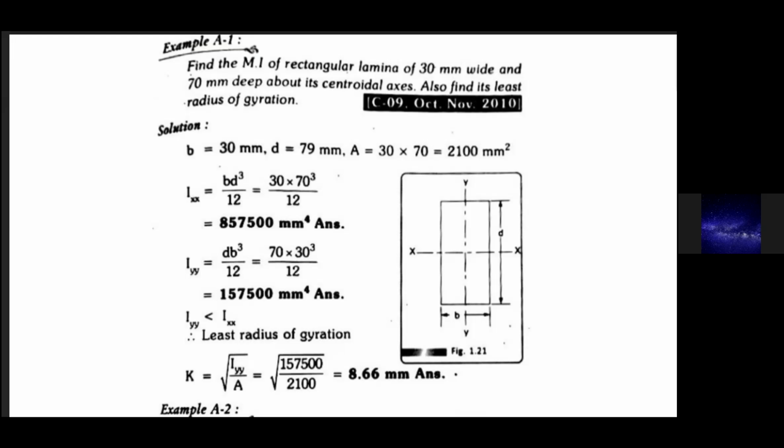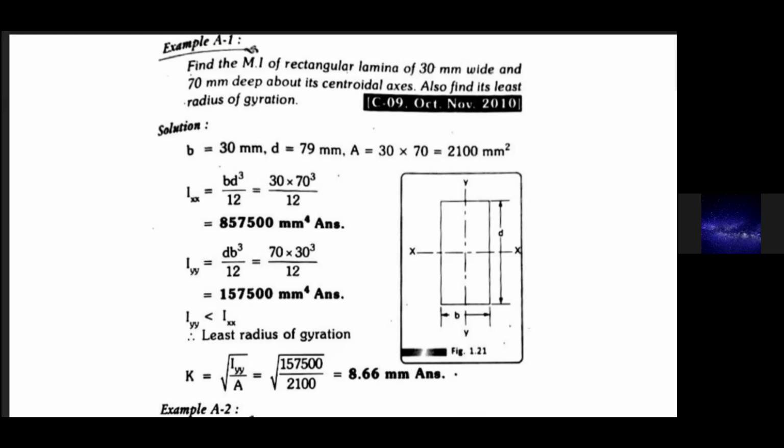So Ix, direct formula, you just have to remember the standard formula for a rectangular section. Moment of inertia Ix is equal to B D cube by 12. So substitute the values, B 30, D 70 cube by 12.